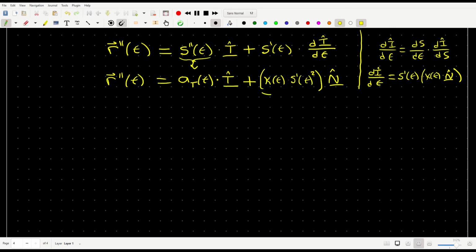And this is called the normal component of acceleration at any time t, or any value of the parameter t.